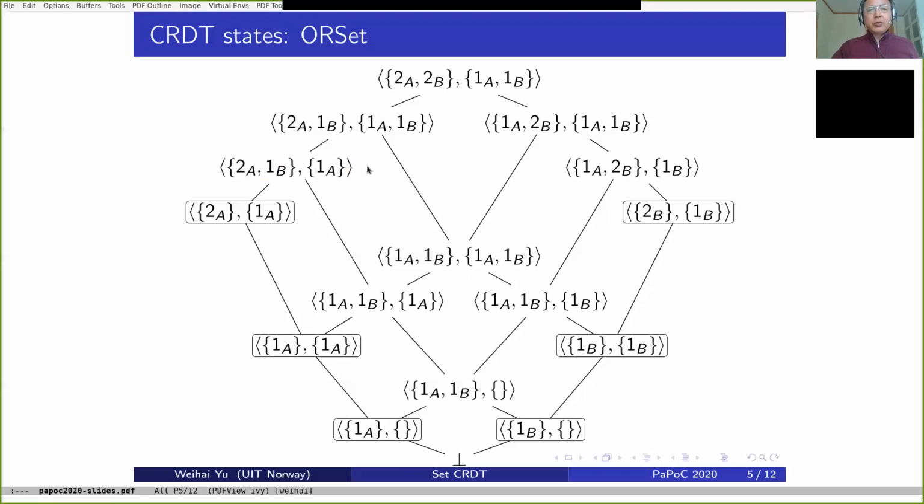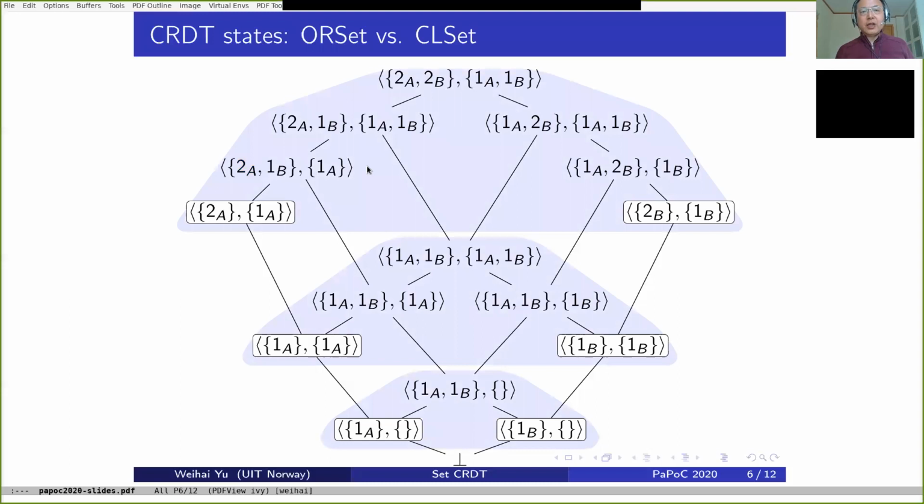Compared to CLSet, we can see that all the states in the OR-set that are in the same shaded area actually have the same causal length. But do the OR-set and CLSet have the same semantics?